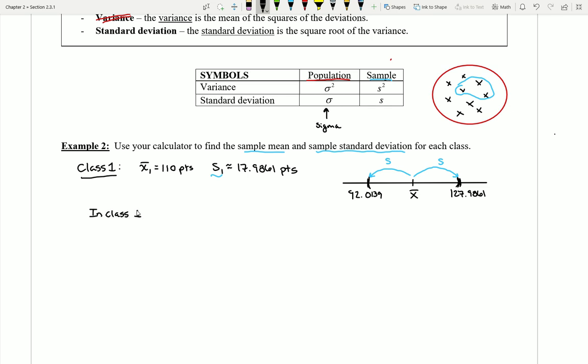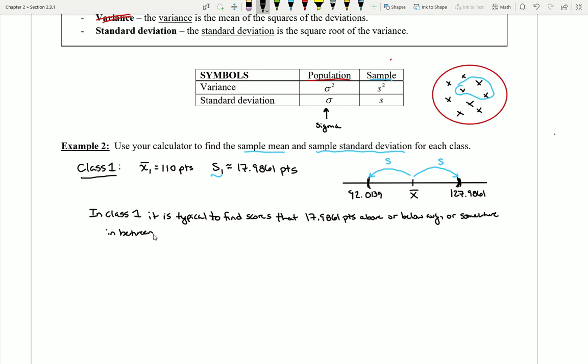I could say in class 1, it is typical or common to find scores that are 17.9861 points above or below average, or somewhere in between.